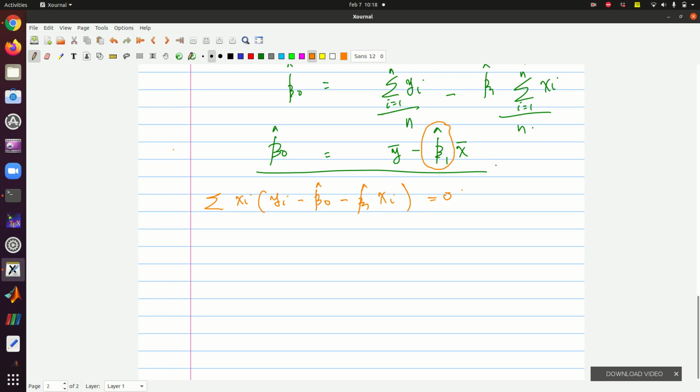So next, what do we do? We can substitute in. We have the value of beta naught, so we can say yi, then the value of beta naught, we have y bar. This is a negative, so we have minus y bar, and then plus beta 1 hat x bar, and then we have this other term here, minus beta 1 hat xi, equals 0.